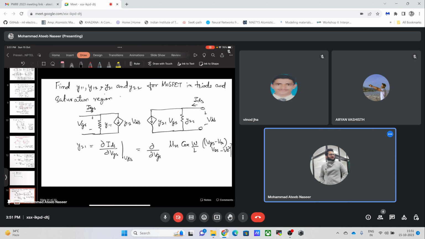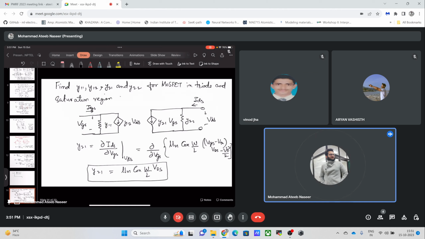This is the MOSFET equation in triode region, so we differentiate it with respect to VGS. We simply get mu n Cox W by L into VDS. So this Y21 is some linear function of VDS.